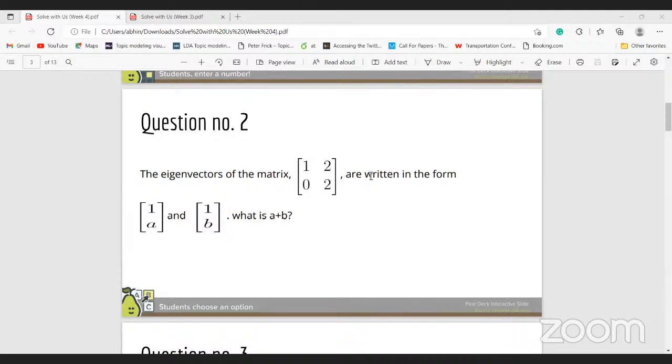Like week 4, it starts to get a little tough. Correct, it will go on becoming tough till week 7. Okay. Next, is this Afreen? Afreen, are you there?